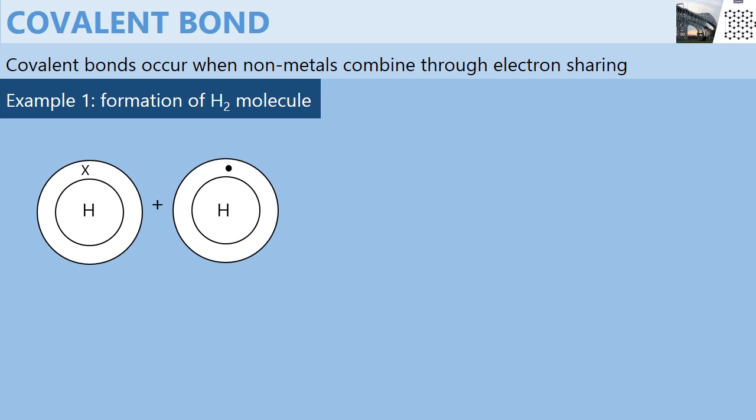Now when two hydrogen atoms combine with each other, they do not really transfer the electron from one atom to another, but still they could share the electrons in order to obtain the stable configuration as follows.